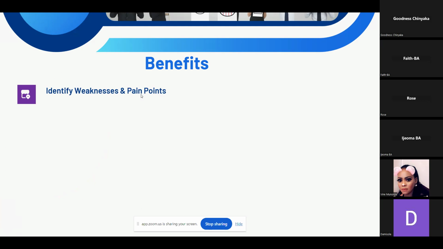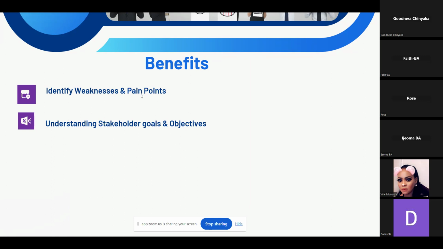Now, why do we want to highlight or identify business processes? You use them to identify organizational weaknesses and pain points for business improvement. You use them to understand what the stakeholders' goals and objectives are. A stakeholder, remember, is anyone who has an interest in whatever it is you're doing.